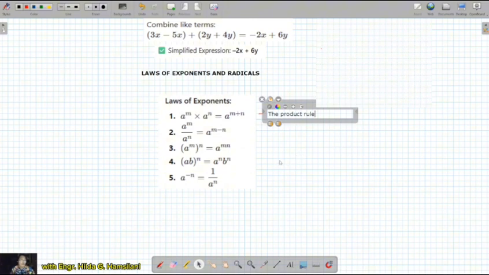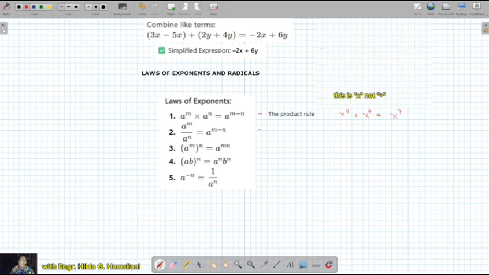So when you multiply two terms with the same base, for example a, you keep the base and add the exponents. For example, x^4 times x^3. So the product will be x raised to 7. So this is the product rule.